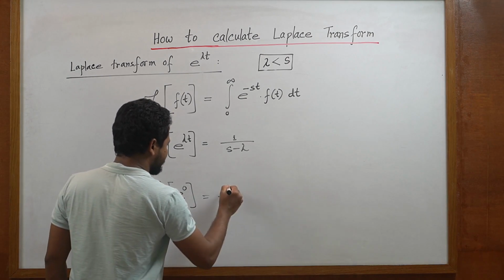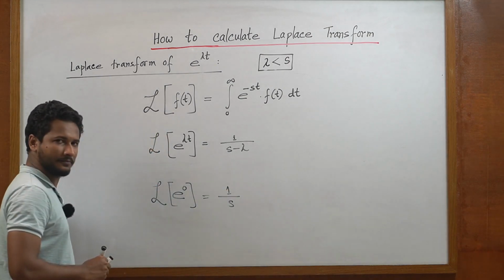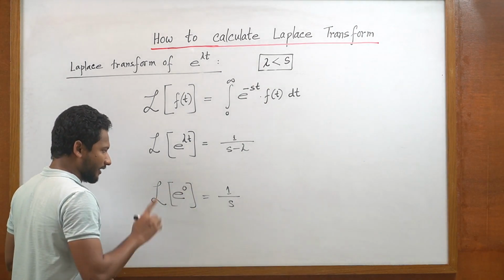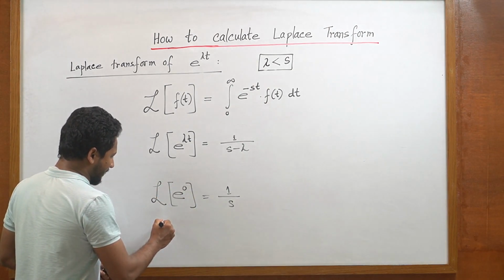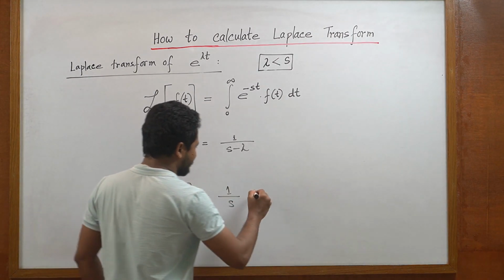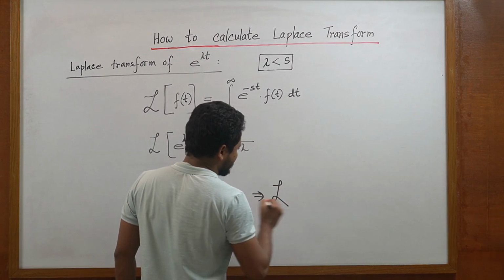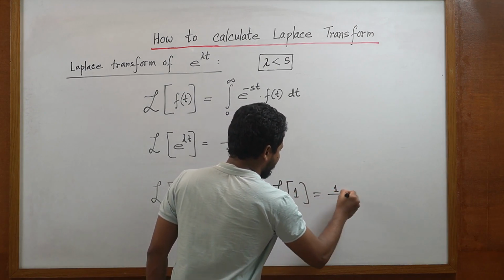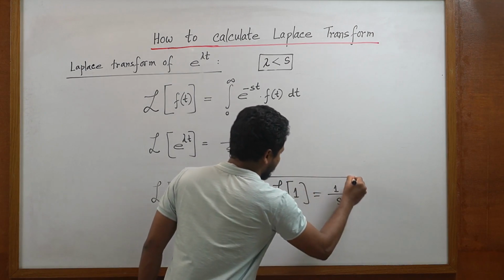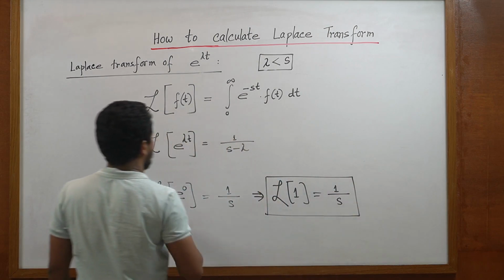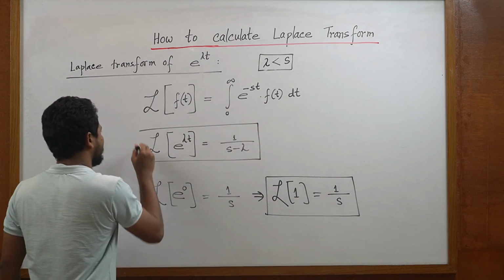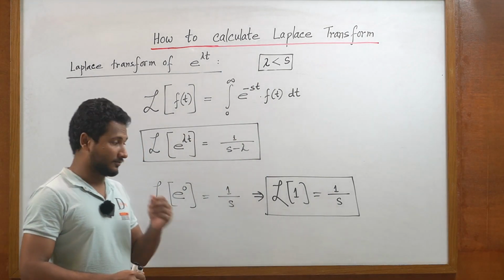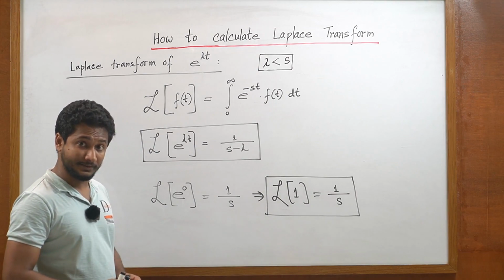We can write e to the power 0 as 1, so the Laplace transform of 1 should be 1 by s. This result and this result should be remembered throughout the whole course.